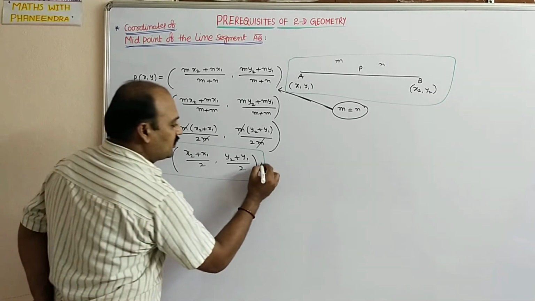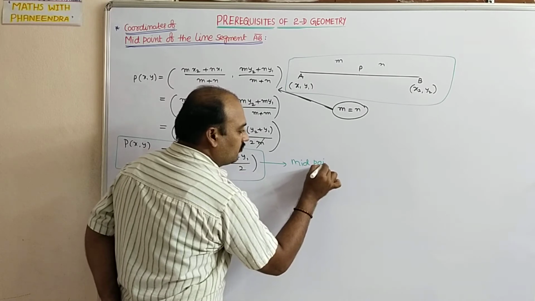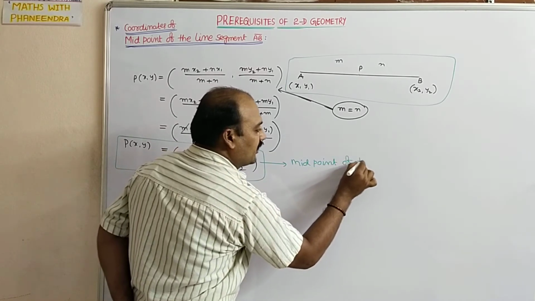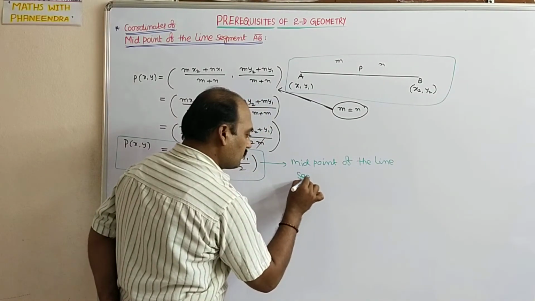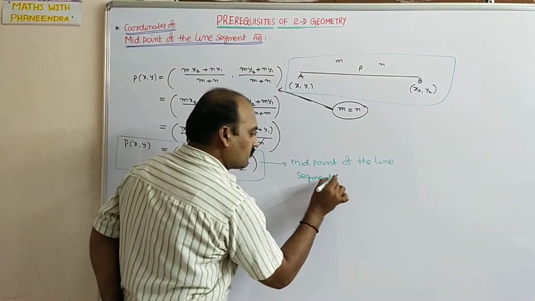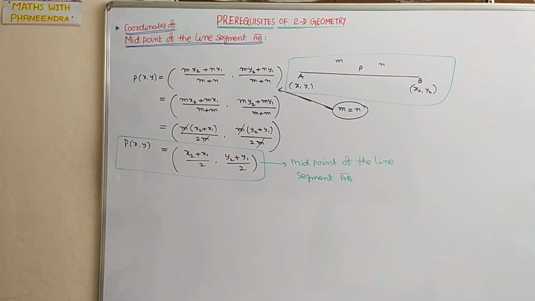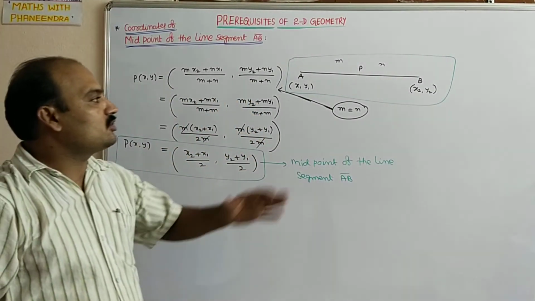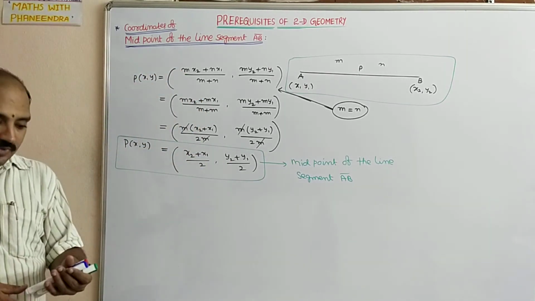Therefore, the midpoint of the line segment AB, with A of x1 y1 and B of x2 y2, is x2 plus x1 by 2 comma y2 plus y1 by 2.